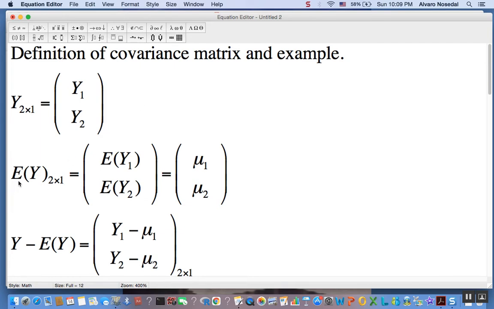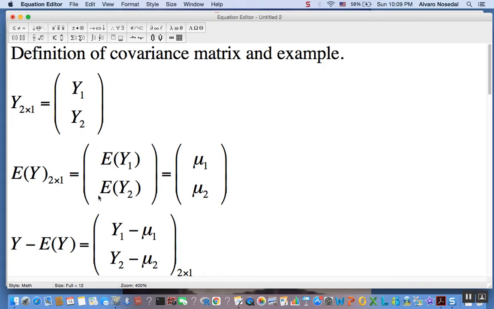Now we also know how the expected value of a random vector is defined. The expected value of a random vector is just we compute the expected value of its elements, and we form a vector with the right dimension using those expected values.